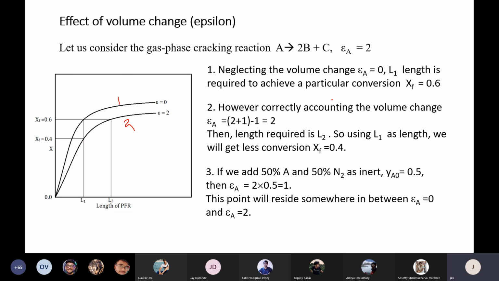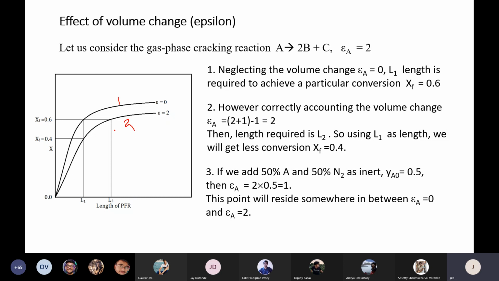However, correctly accounting the volume change, epsilon is 2, then the length required L2 will be larger. So using L1 as length, we will get less conversion, XA is 0.4. That is explained by using the vertical downward line. That is, vertically you have to come downward to reach the epsilon is equal to 2 curve.